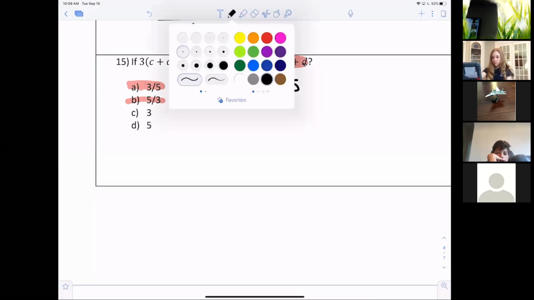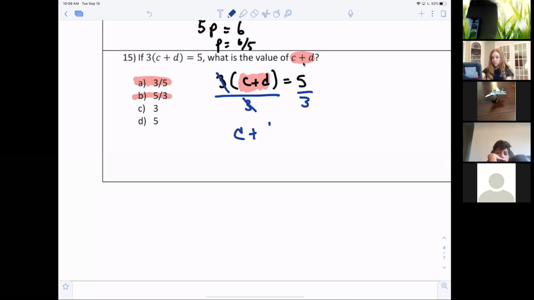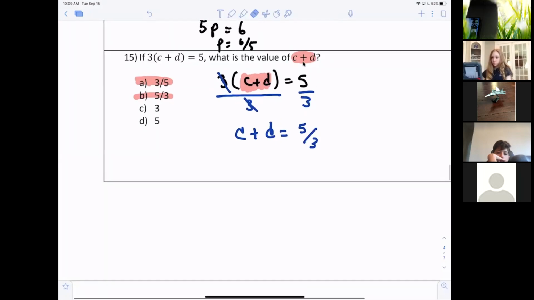Yes, exactly. We're going to divide both sides by 3, because now this will cancel. So I'm left with c plus d is equal to the fraction 5/3. Good. Anybody have any questions on 15 now?